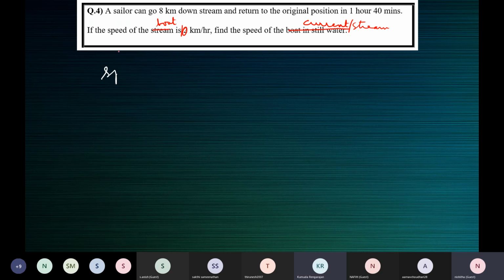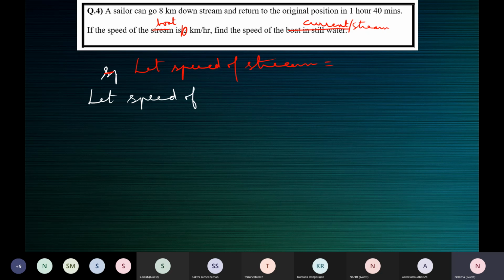So what will be the speed downstream? Let the speed of the stream be what, children?